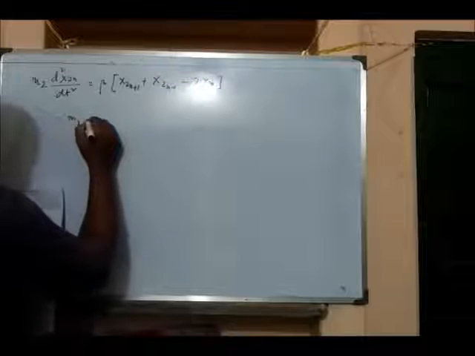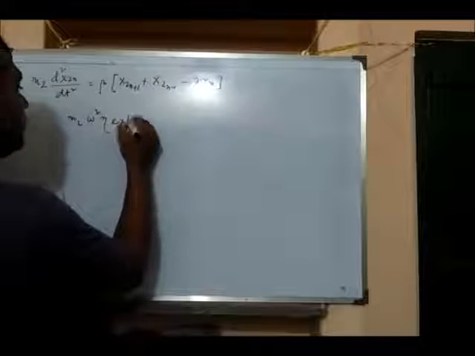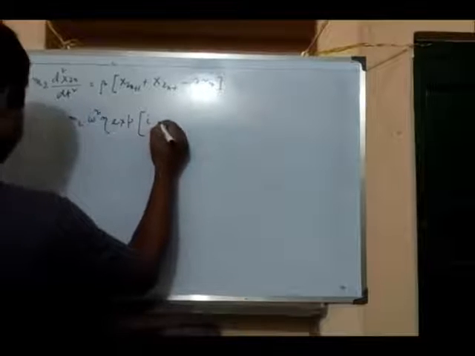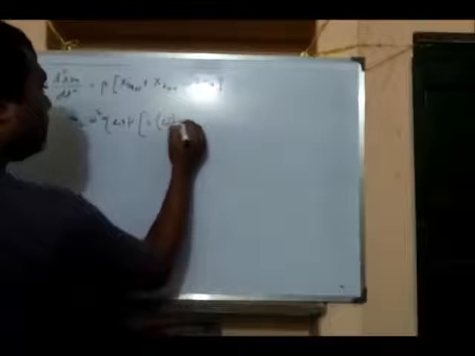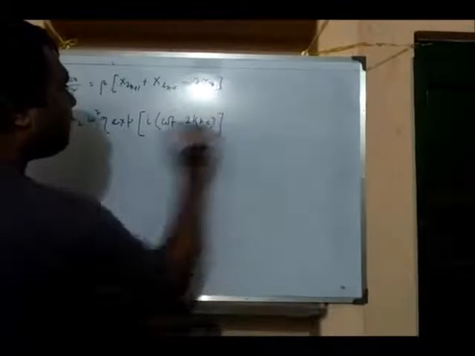minus m₂ ω², this obviously β, exponential i(ωt − 2nka).